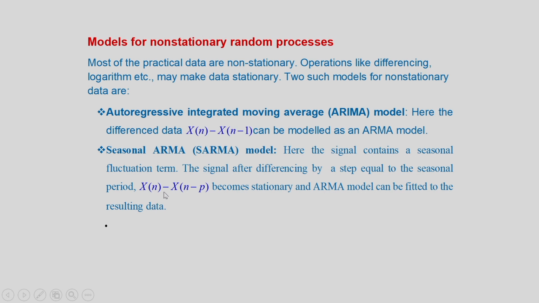So, x[n] minus x[n minus P]. This difference data can be fitted to an ARMA model, that is the SARMA seasonal ARMA model. So, these are some of the ways to deal with non-stationarity, but we will not discuss this in detail.